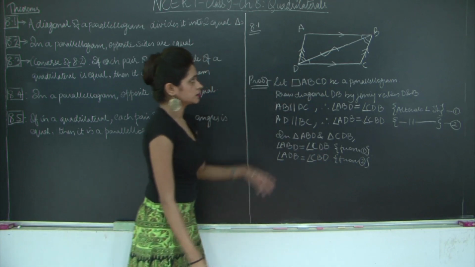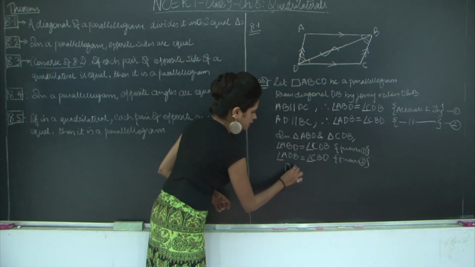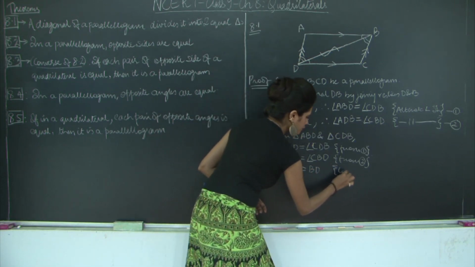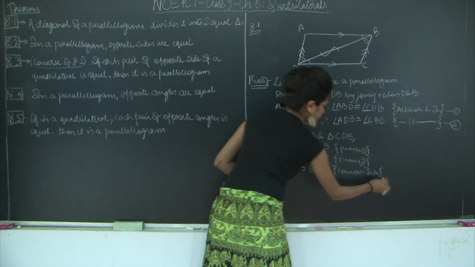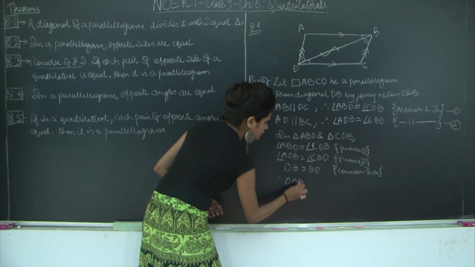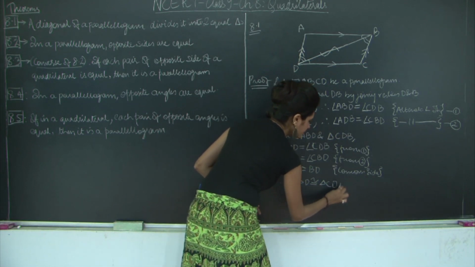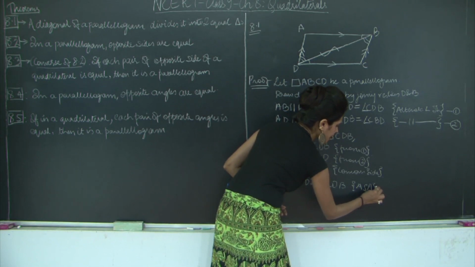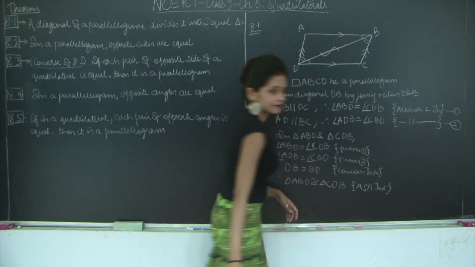And also we have the common side, that is DB is equal to BD. Therefore, triangle ABD is congruent to triangle CDB by ASA, which is the angle side angle test of congruence for triangles.